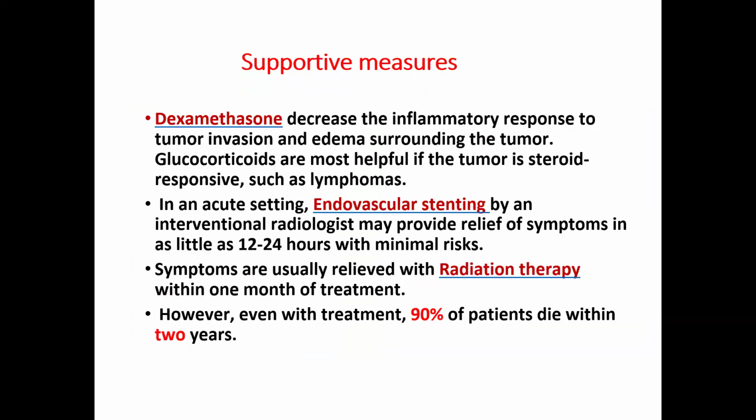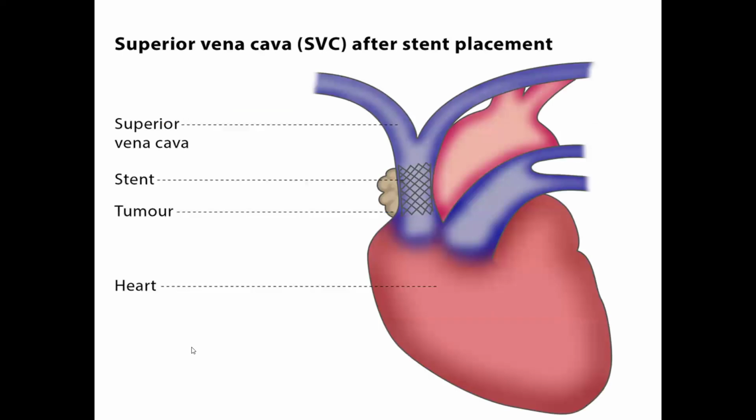And the mainstay of treatment is giving steroids, endovascular stenting, radiation therapy, but again, the prognosis is poor. 90% of these patients die within 2 years. Okay, this is how the stent looks like.